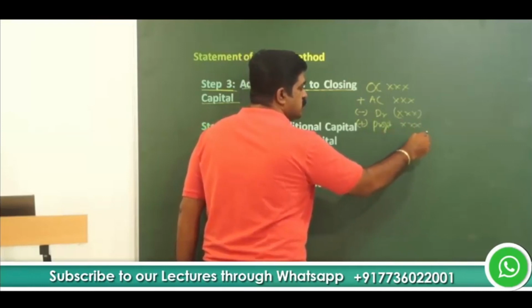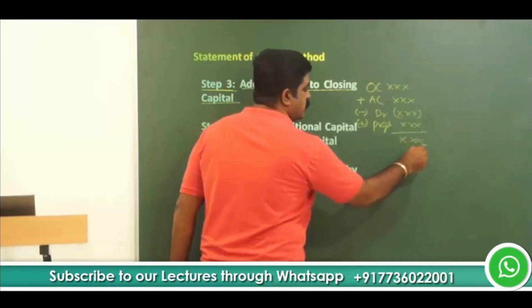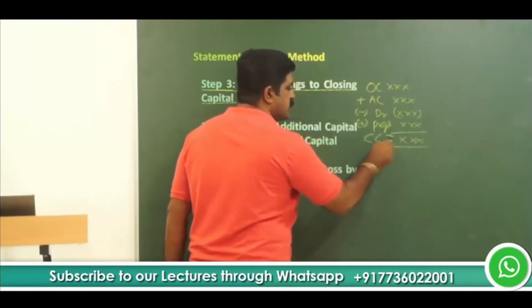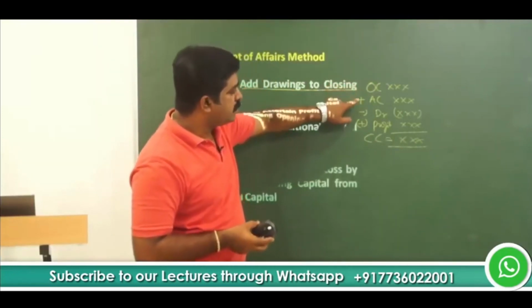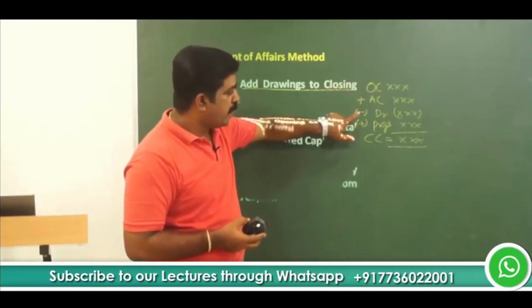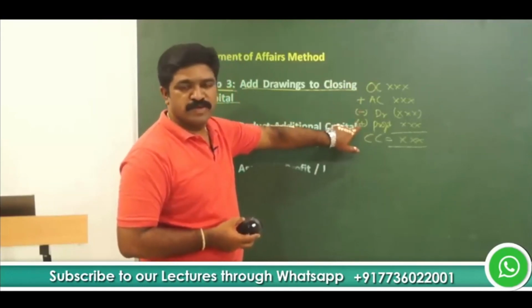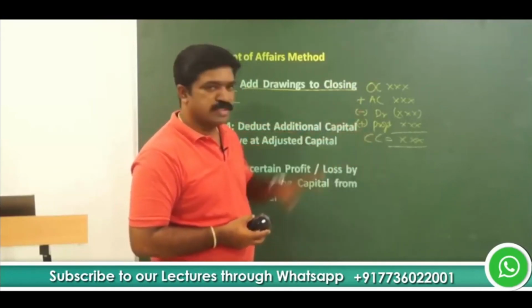If we do all this, then automatically we should come to what is known as closing capital. This is the logical flow. Opening capital, add additional capital, minus drawings, add profit. If it is a loss, we have to deduct. That will give you closing capital.